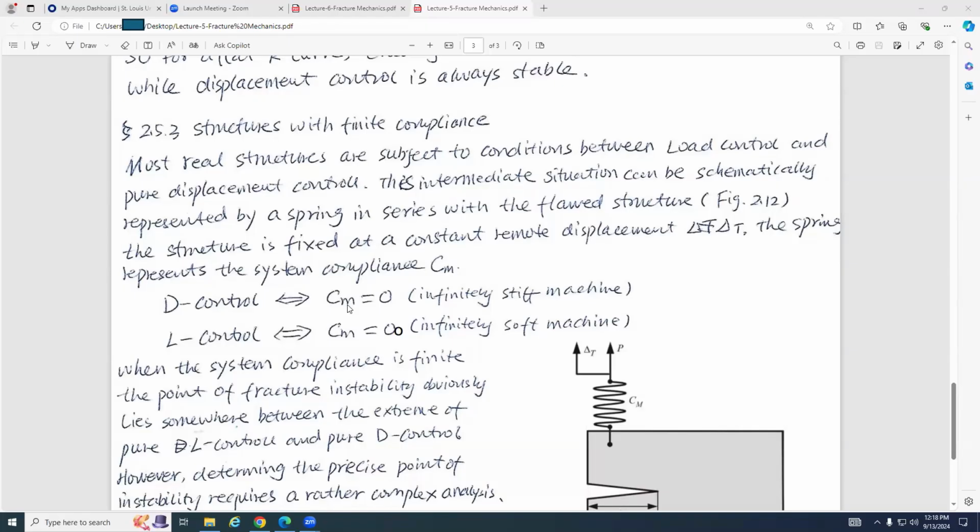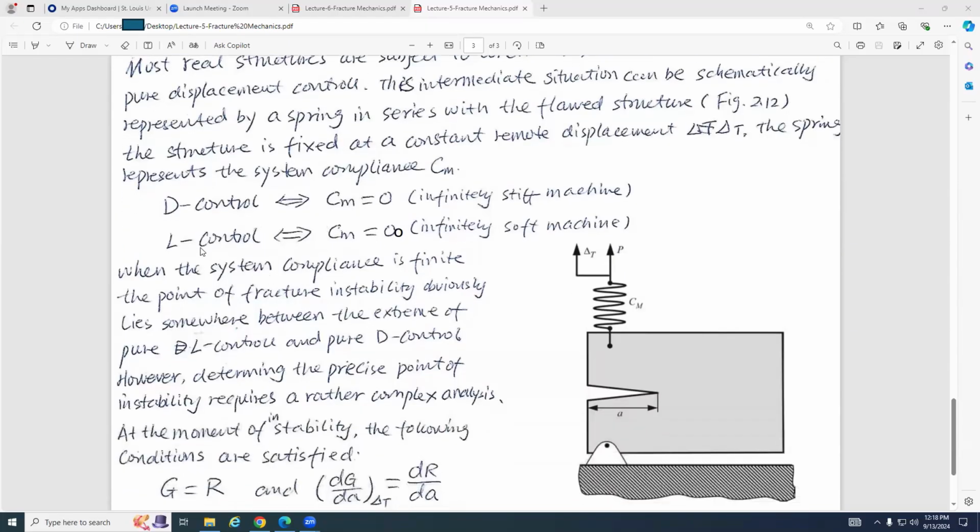The load is changing, but no matter how you change the load, the displacement does not change. So CM equals 0 means it's extremely stiff. Make sense?